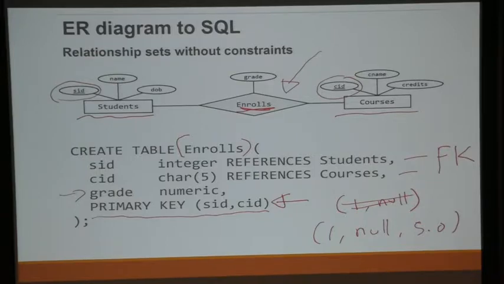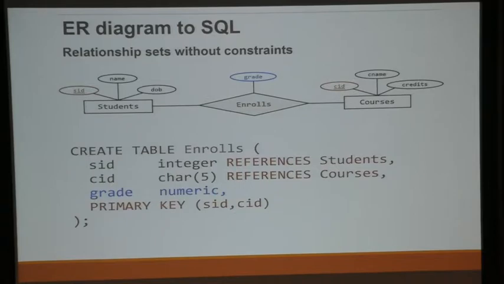Because again, a primary key is one of the candidate keys that we select. That means the primary key must also satisfy not null and unique. So a student cannot enroll in the same course twice.